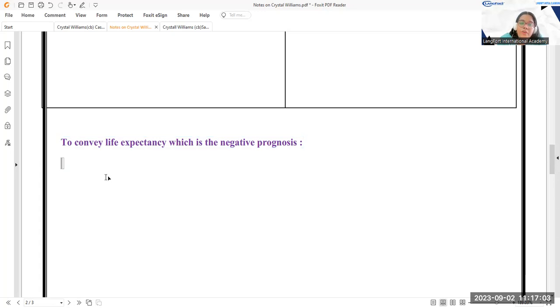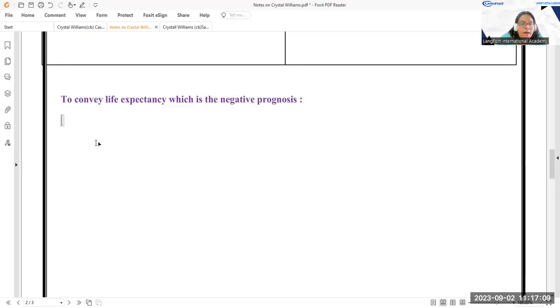If they have given life expectancy of the patient as a negative prognosis, how would you frame that in a sentence? Smita, Jose, what would you write? What would be your version of that sentence?